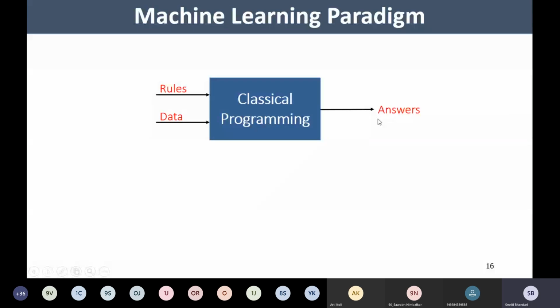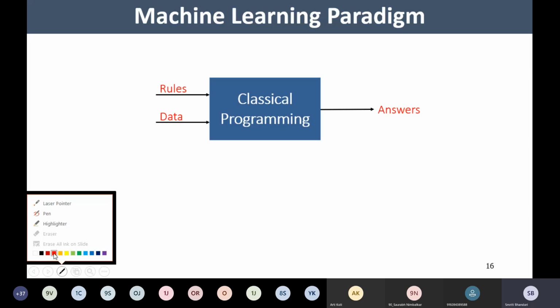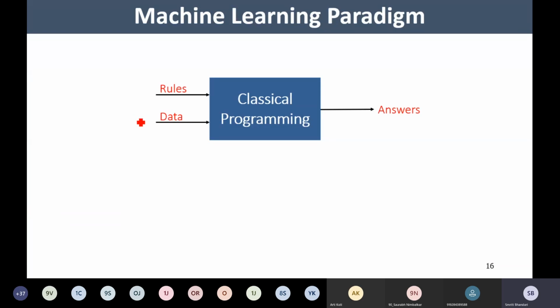So this is a straightforward way how classical programming techniques work. Once again, I am repeating: in classical programming we have some data available with us, and we have the rules that we would like to impose upon that data.